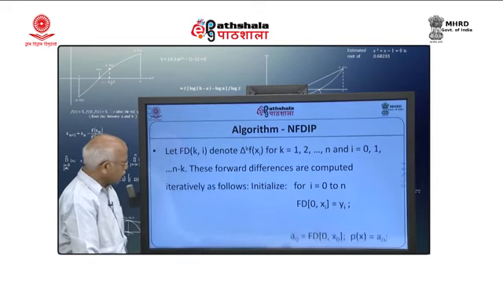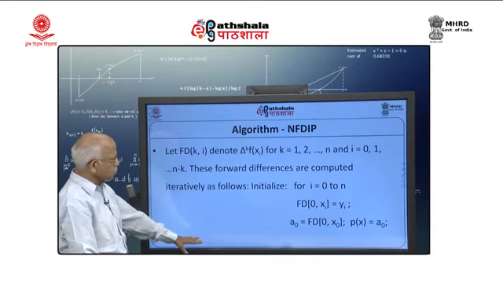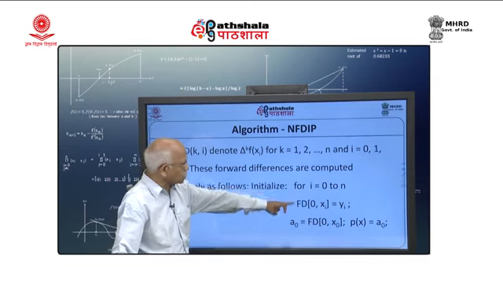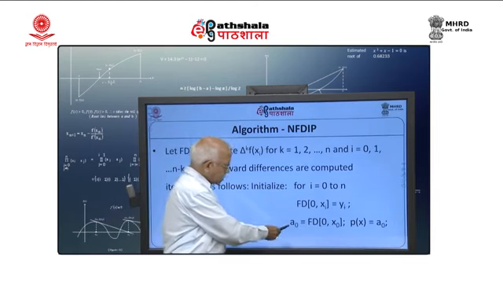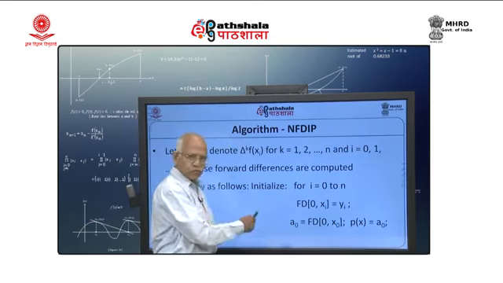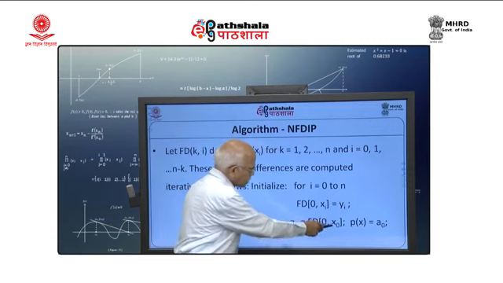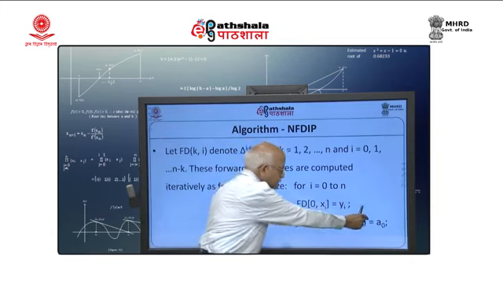These are all initializations. So, first we are initializing the 0th differences at all points x i, and then we say that the first coefficient of the interpolating polynomial is a 0, given by fd 0 x 0, and the interpolating polynomial value is initialized with its first term as a 0.